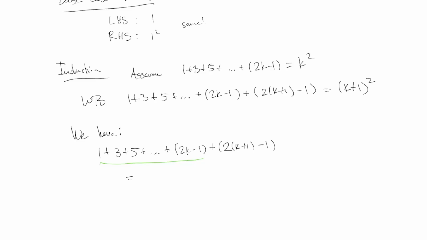And so this, using the induction hypothesis, is k squared. And then maybe I will distribute the 2 over there: 2k plus 2 minus 1. So this is k squared plus 2k plus 1. And wouldn't you know it, that really is k plus 1, the whole thing squared, if you factor it. I hope that you got something like that.